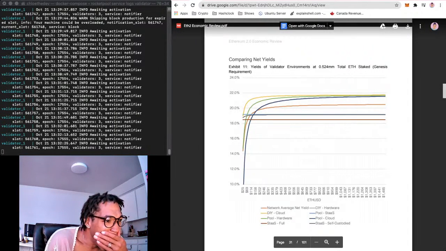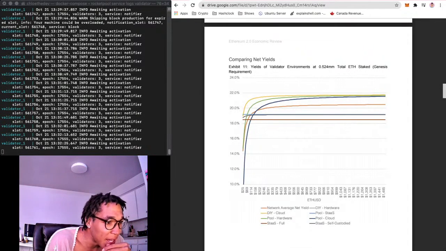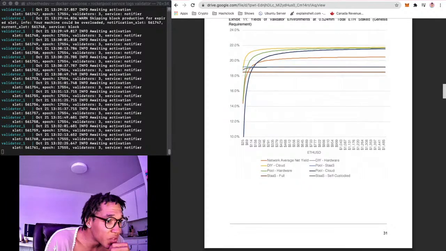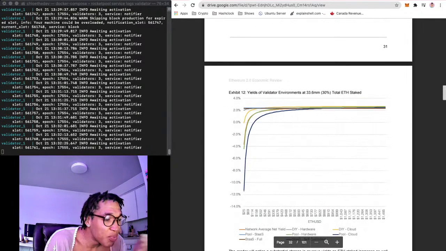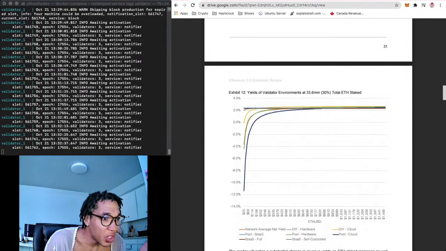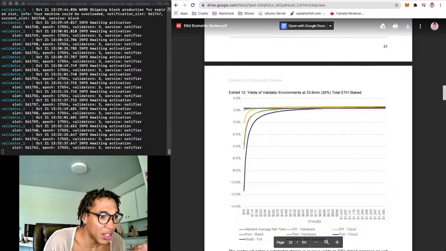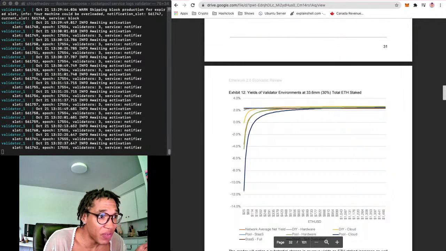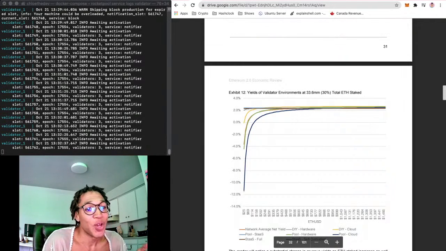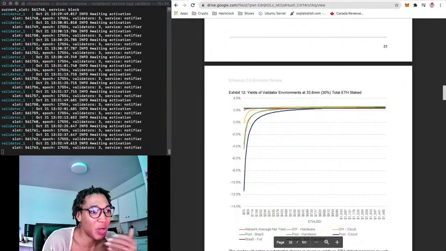So, this brown line, it's basically saying costs pretty much even out for most people once you hit an ETH price around $650, $700.